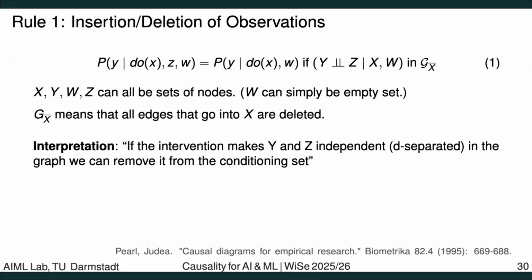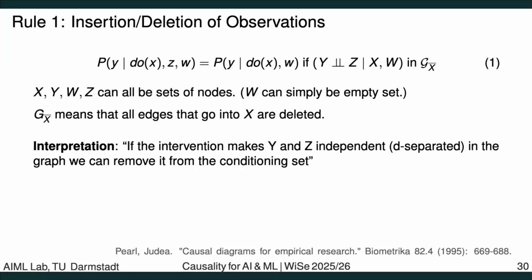So maybe let's jump right into it. And I'm sorry, these are graphical criterions, but I think the best way to understand them is to later apply them and really just have a look at what I mean on particular graphs when you apply them.